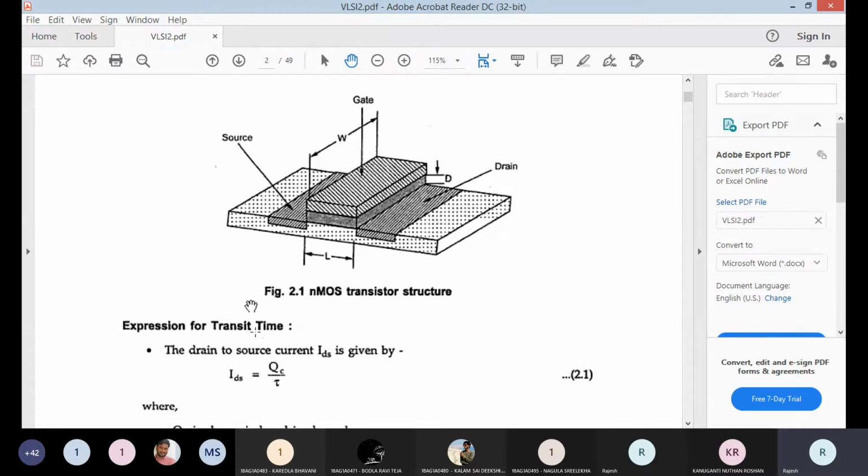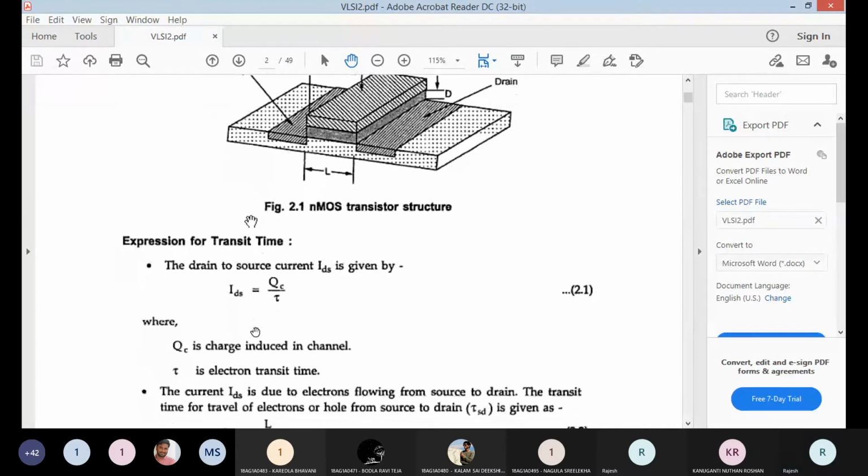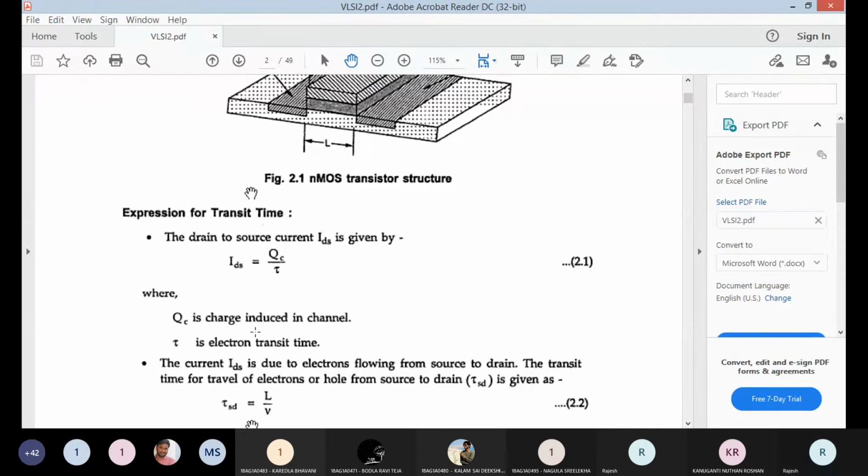So that's why in terminology we cover only conventional current. Conventional current is nothing but whole current. So IDS stands for drain to source current. In reverse, if holes are moving from drain to source, electrons are moving in reverse. So for NMOS, electrons are moving from source to drain.